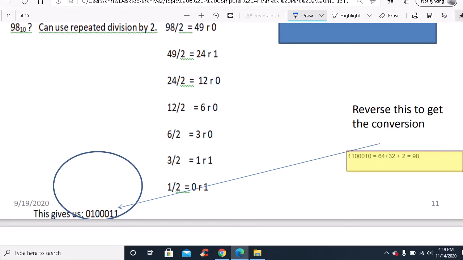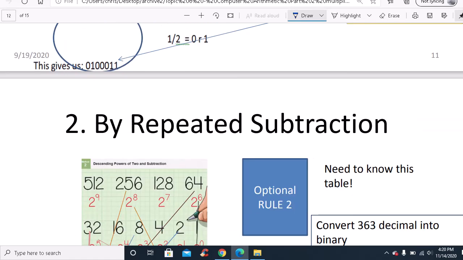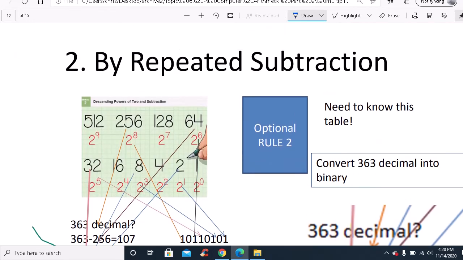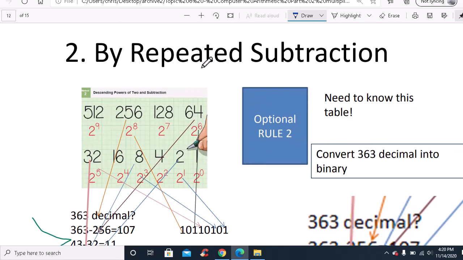But there is an alternative, which to me is slightly more intuitive than calculating what possibly might be a very long sequence, and then reversing the number to get the conversion. It's to do with repeated subtraction of powers of 2 which are less than a given number.